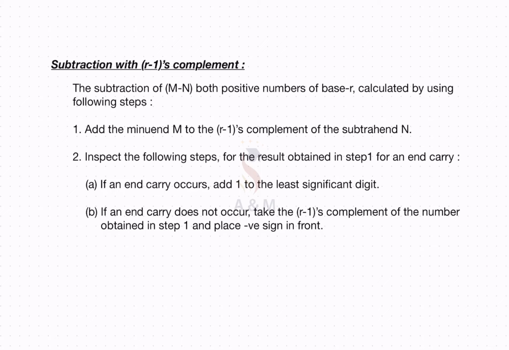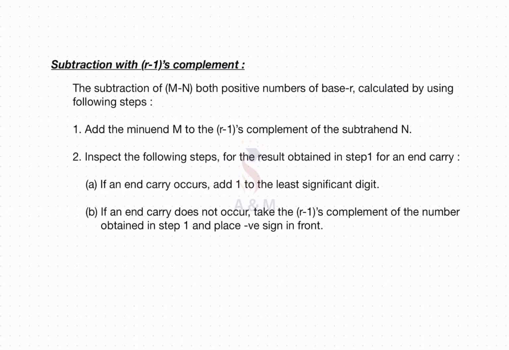Step 2: inspect the result obtained in step 1 for an end carry. We have to inspect whether it has an end carry or not. A. If an end carry occurs, add 1 to the least significant digit.